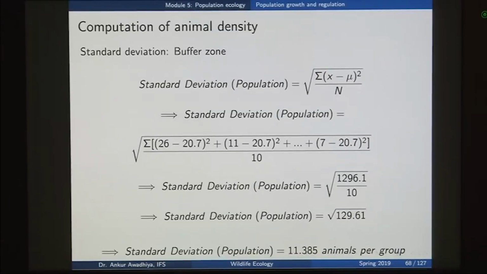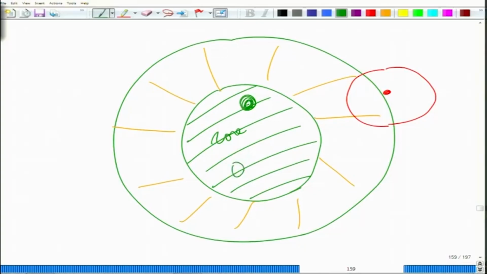So, if you look at a group here or a group here or a group here, all of these groups are having the same sizes. But in the case of the buffer region, if you are seeing a group here, probably it has a smaller size, a group here has a larger size, a group here has probably a medium size, and so on.